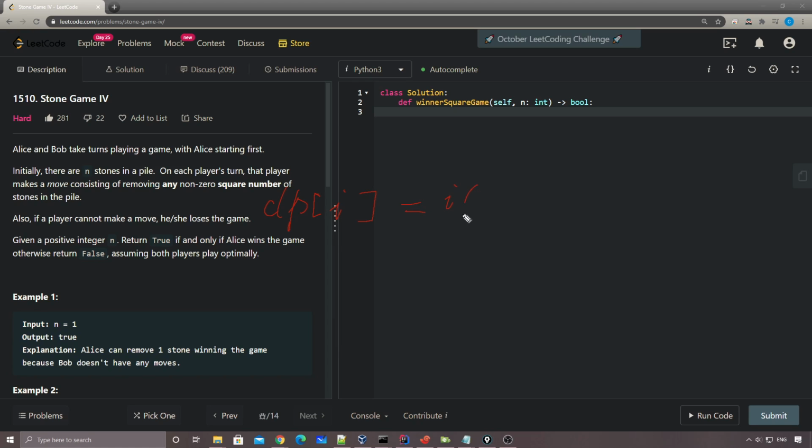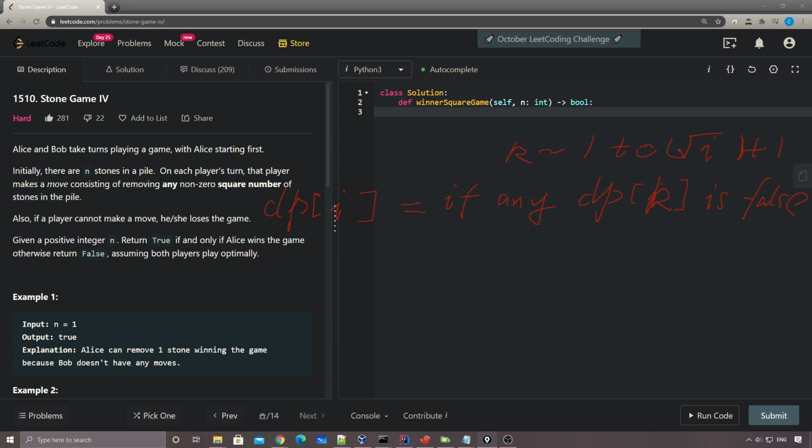So if any DP[i - k] is false, where k is from 1 to the square root of i, probably plus 1, because that's the only thing he can take, then we return true for this one, otherwise false.